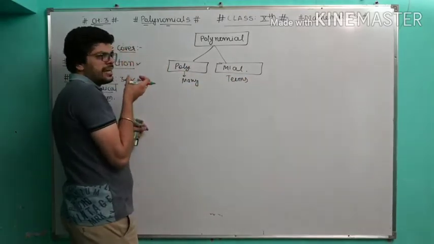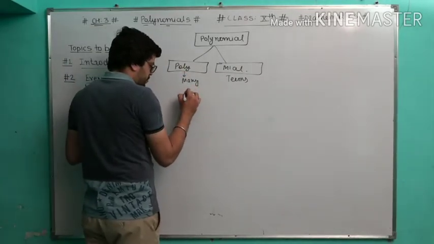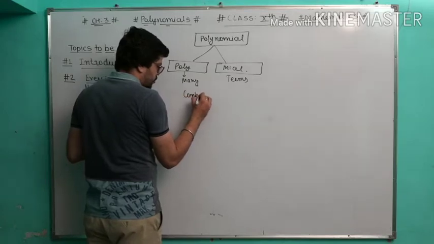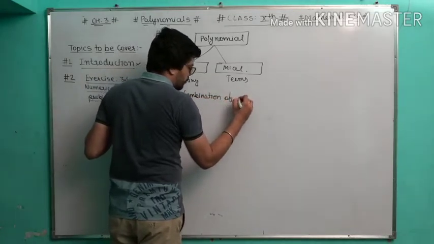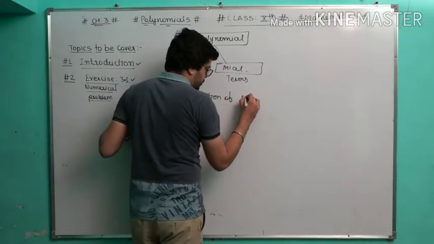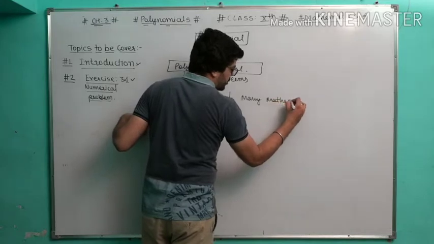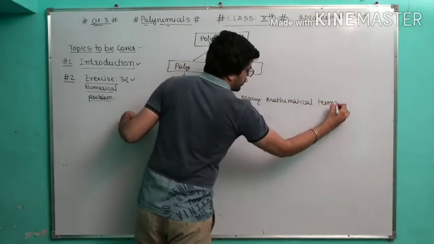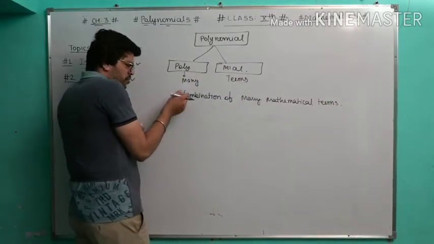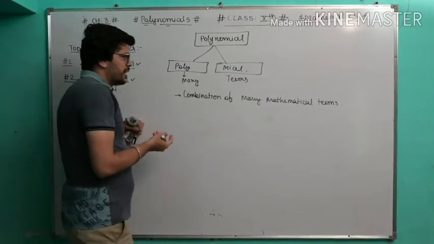What is the easy understanding of polynomial? I can say it is a combination of many mathematical terms. This is called a polynomial, but it is only a definition for understanding.